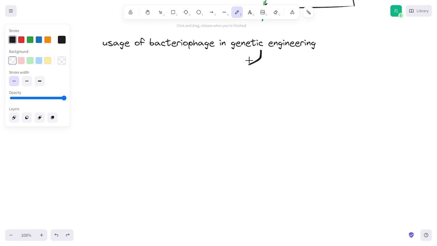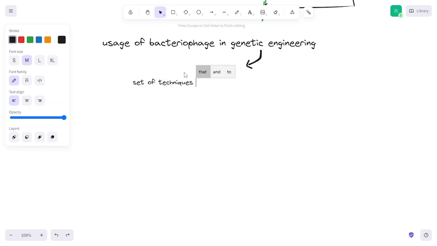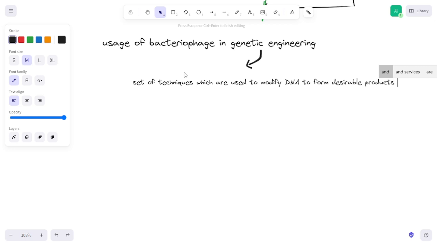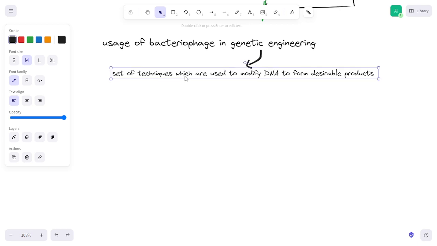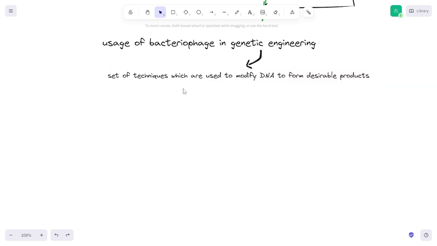So genetic engineering is defined as a set of techniques which are used to modify DNA to form desirable products.